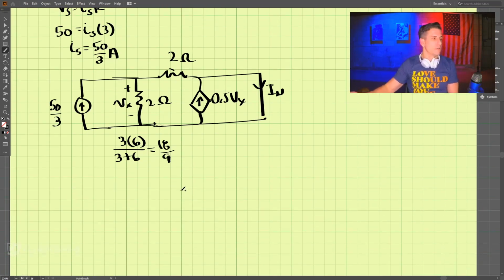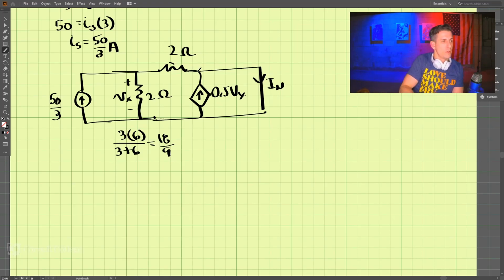Here, let's do our nodal analysis. So coming in, we have 50 divided by 3 coming in, and we'll say this is going out and this is going out. So this voltage is Vx, and this voltage over here is 0 because it's all connected here.